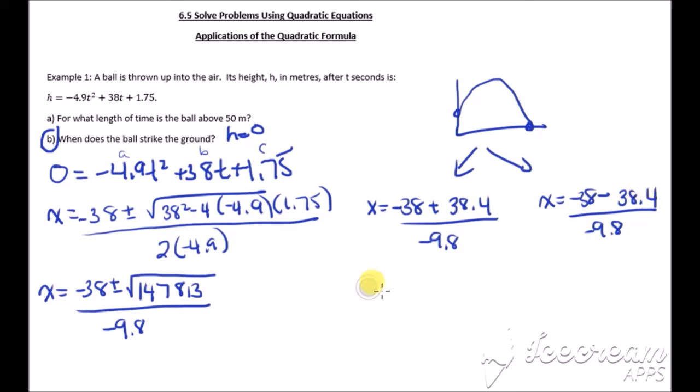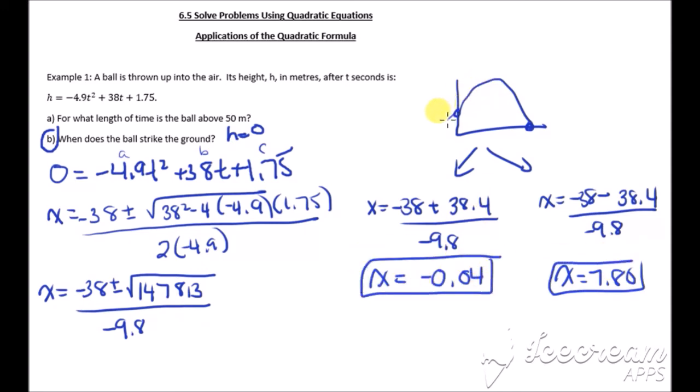Okay, so when I put this one into my calculator, what I get is negative 0.04. And then when we put the double negative, what we get is x equals 7.80.